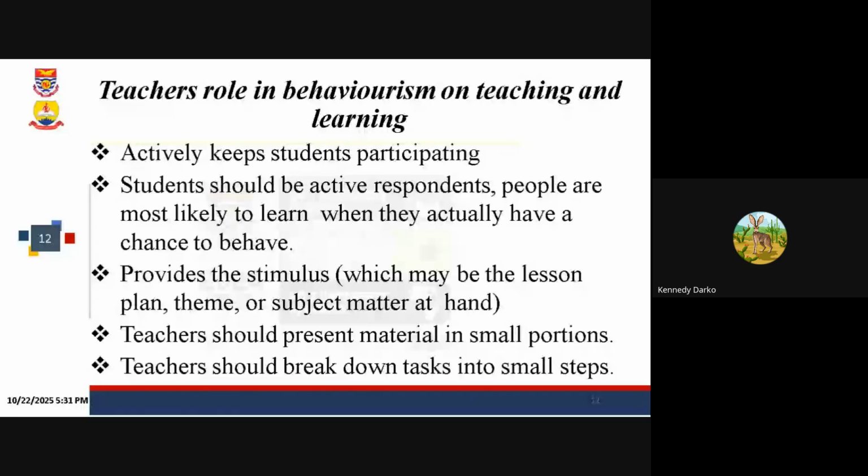The second aspect, students should be active respondents. People are most likely to learn when they actually have a chance to behave. So the students shouldn't be passive. They should be actively involved in the learning process. The passive way is when they sit aloof. You ask them questions, do you understand? They will not mind, as if they're not part of it. But they should be actively involved. You carry them along as you are presenting the lesson.